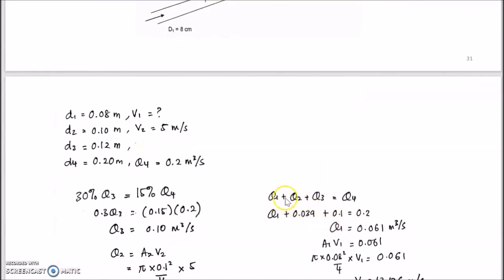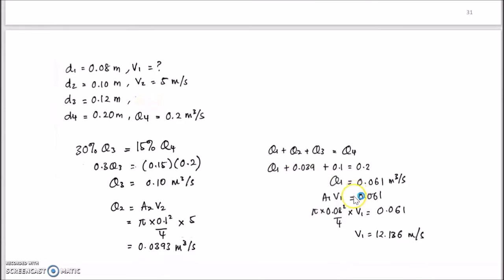So Q1 plus Q2 plus Q3 equals Q4. Q1 is unknown, Q2 we have already calculated, 0.0393, plus Q3, that is 0.1. Q4 we already know is 0.2. So when we calculate this, we get Q1 equal to 0.061 meter cubed per second.